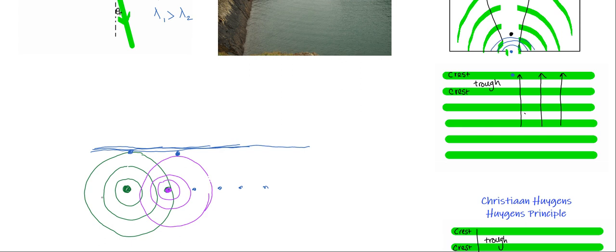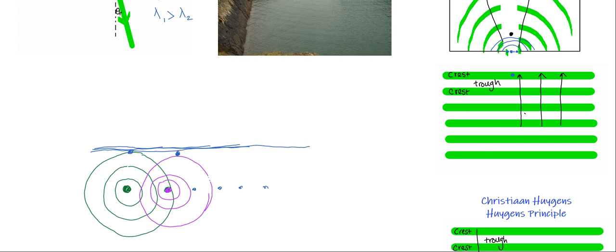So really, you're pulling just one of these sources, or maybe a few different sources depending on the gap size in the wall. And that is in fact what we have been able to support with even quantum physics ideas, which were discovered hundreds of years after Christian Huygens and the Huygens Principle was proposed.